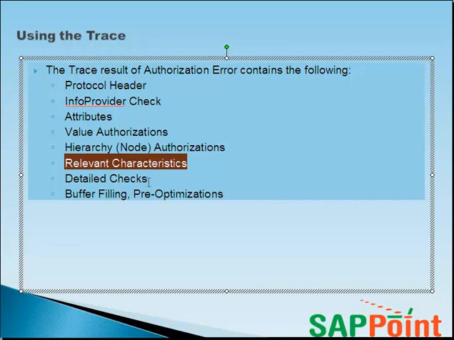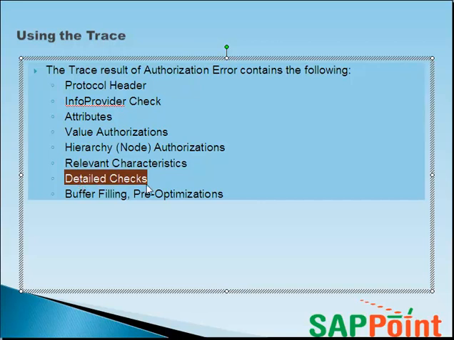The next block in the log is the detailed checks, and this is the most detailed one. It contains the information on the detailed combinatorial checks of selections against the authorizations. This section starts with some preparations such as consistency checks of the nodes and the interval.